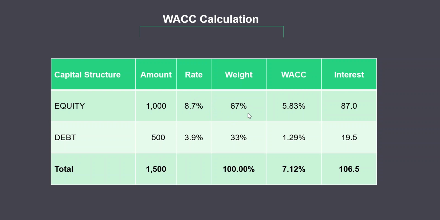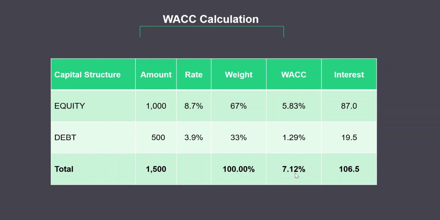The weightage is 67%, the rate is 8.7, so that will be 5.83 for equity capital. For debt financing, you simply take the weightage of 33% times 3.9%, which will be 1.29. When you add up these two, 5.83 and 1.29, this will be the overall rate of return required by a company, which is known as the weighted average cost of capital.